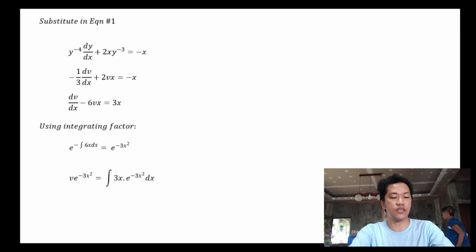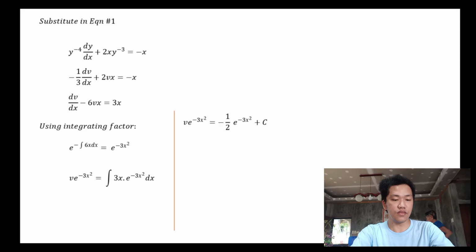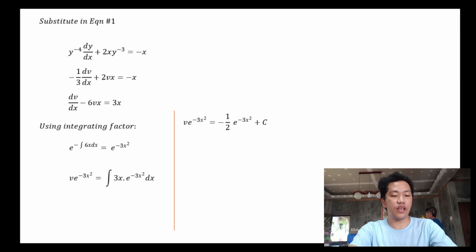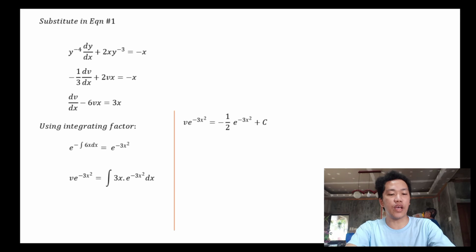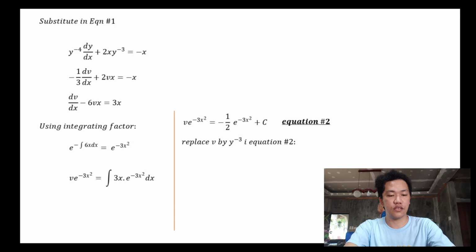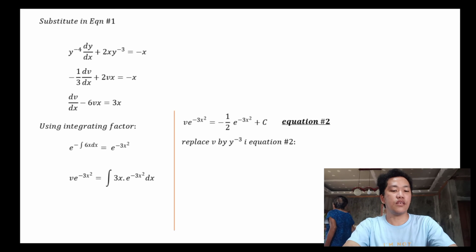Kapag sinolve po natin siya, nakuha na po natin yung integral, magkakaroon na po tayo ng v times e raised to negative 3x squared is equals to negative 1/2 e raised to negative 3x squared plus c. So, ito po yung magiging equation number 2 po natin. So, i-replace po natin yung v kay y raised to negative 3 sa equation number 2.